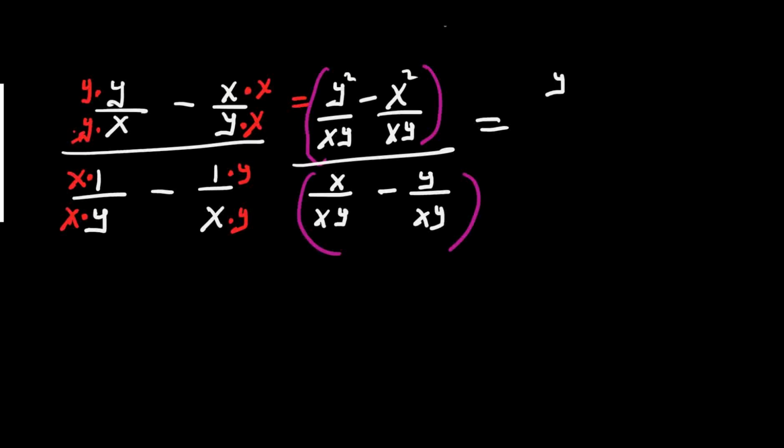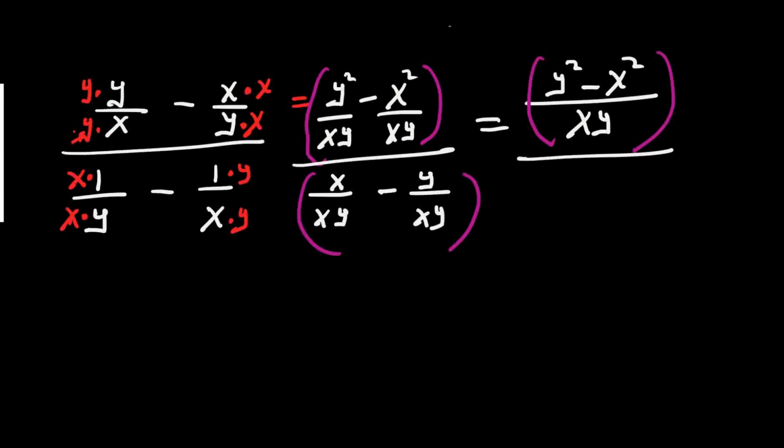So this will become y squared minus x squared over xy over x minus y over xy.